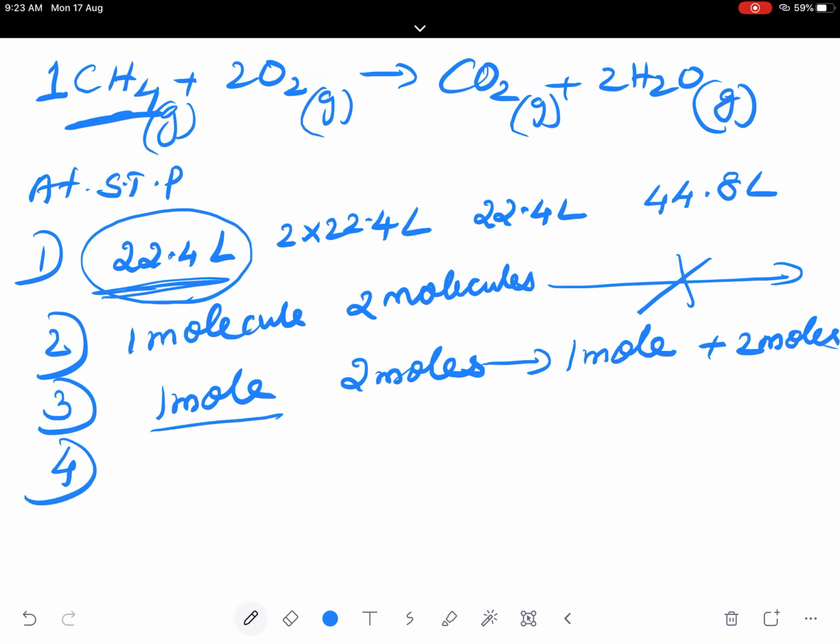Weights are more important for us here. 1 mole of CH4 weighs 16 grams. Here 64 grams means 16 grams of methane can combine with 64 grams of oxygen to form how much carbon dioxide? How much carbon dioxide, Supriya?